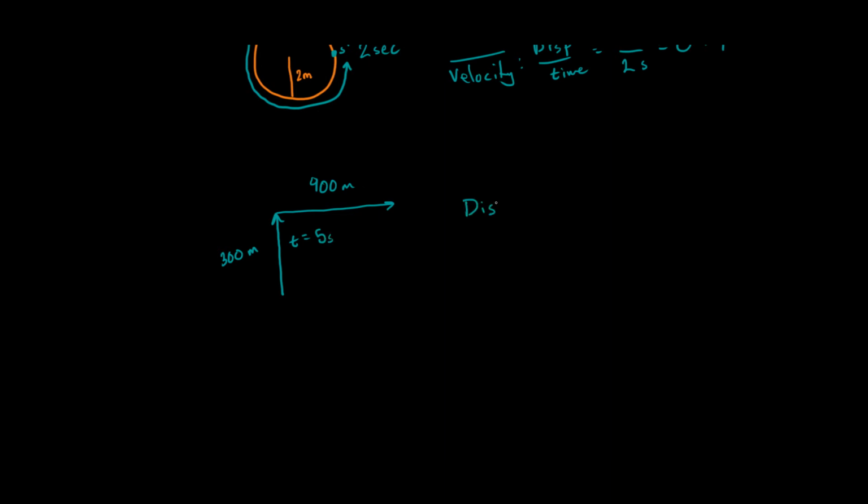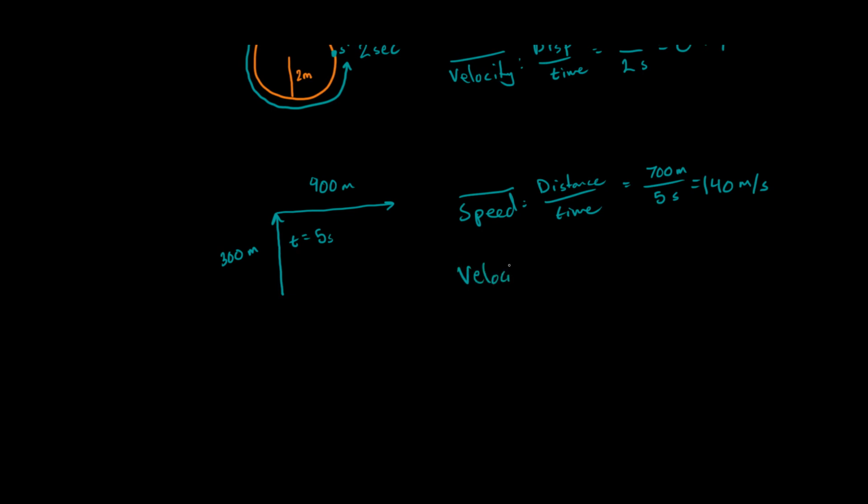So my speed is going to equal my distance divided by time. Now my distance that I traveled is 300 plus 400 is 700 meters in 5 seconds, which gives me 140 meters per second.